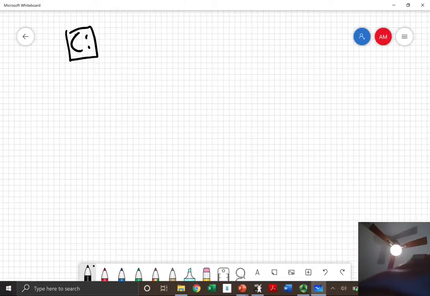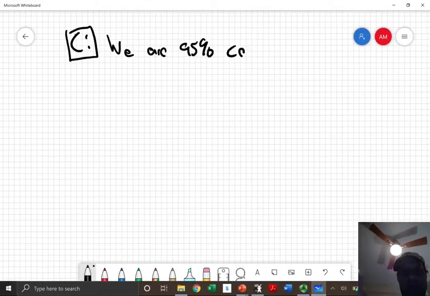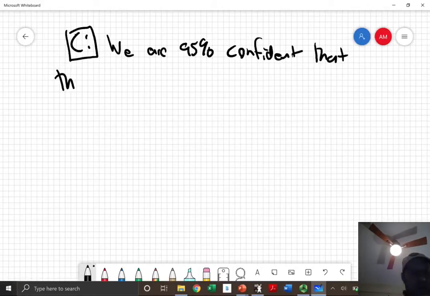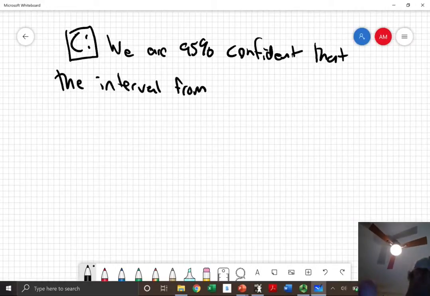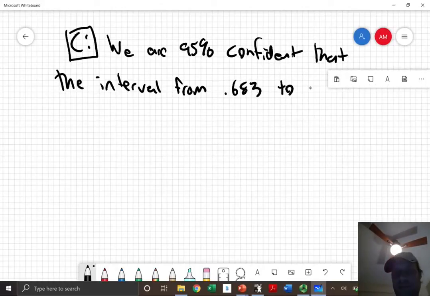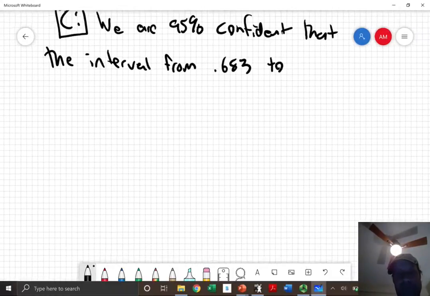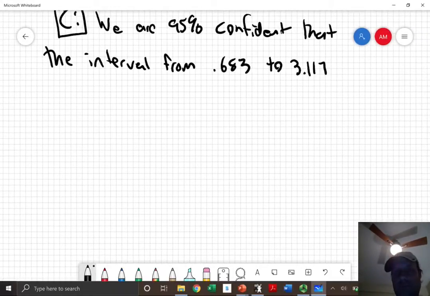We are 95% confident that the interval from 0.683 to 3.117 captures, and what are we capturing? We're capturing a mean, right?